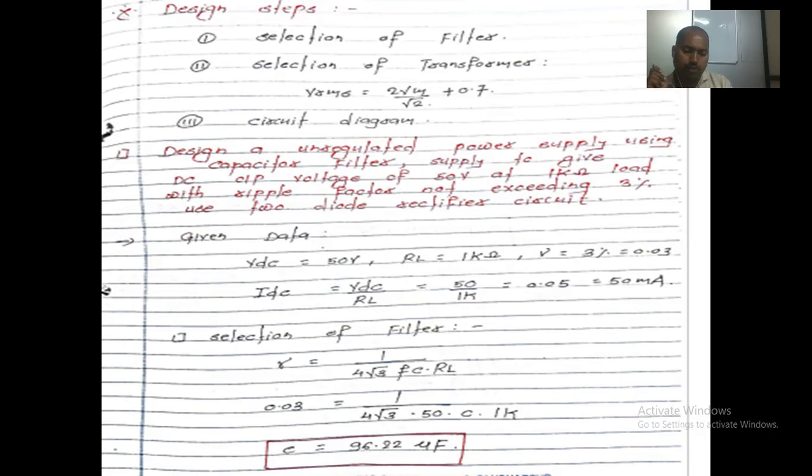Now calculate 0.03 divided by 346,410.16. What is the answer?